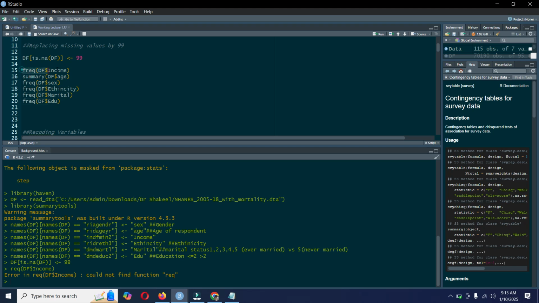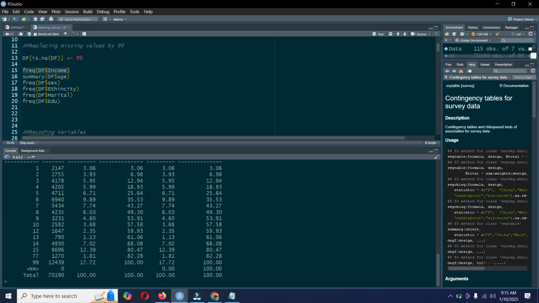Sorry, it was not selected properly. So there are so many categories, and we will redefine, and we are basically going to recode this into specific categories. For making categories, you should have some valid reference. Why are you making these categories? For example, if you are categorizing income, then there should be a basis.